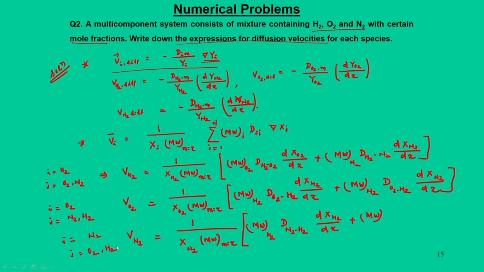So then we have to write O2, so d N2 O2 d of x O2 divided by dx. So this is how we can write the expression for diffusion velocities for each species. One method we can write this way, the other method we can write in this form.